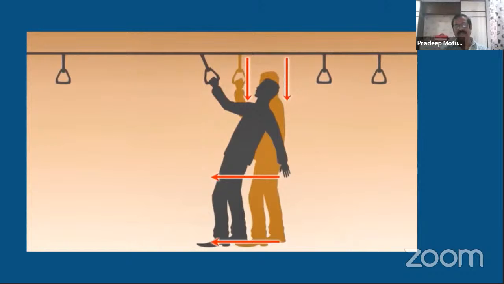So that is why the person in the bus jerks backward. Have you understood? It is inertia of rest, meaning the inability of the body to change its state of rest.